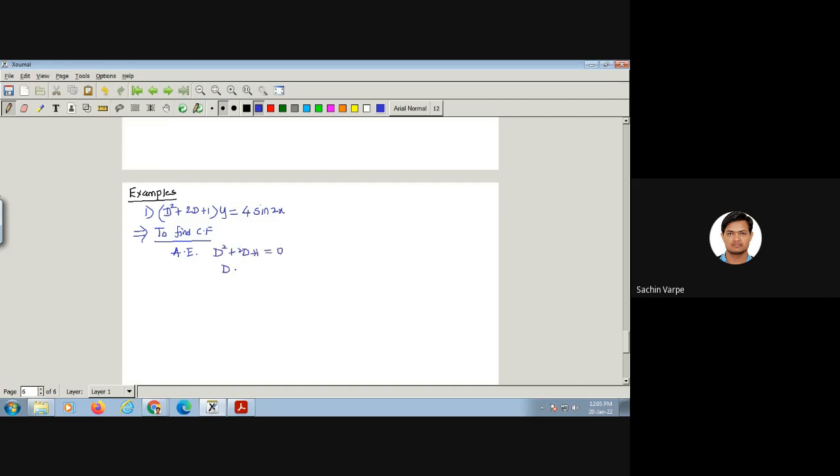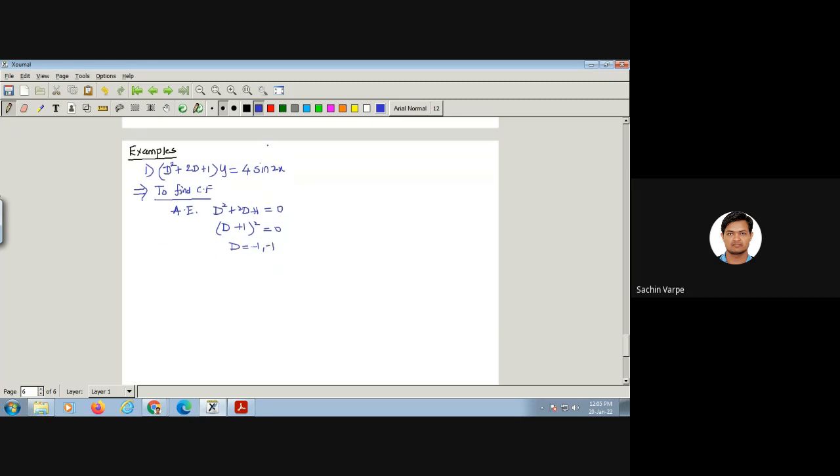This is the expansion of d plus 1 the whole square. So when I equate it to 0, I'll get d equal to -1 repeated twice. And for these repeated roots, which are real, we write the complementary function CF is equal to (c1x plus c2) times e to the power minus x.